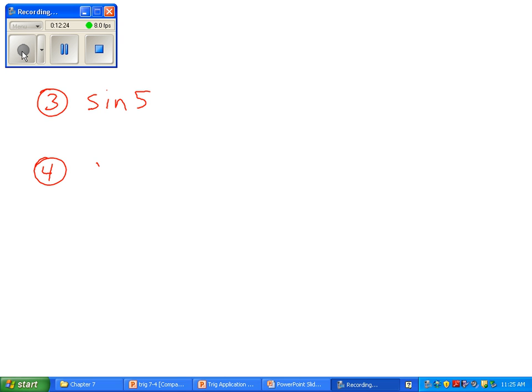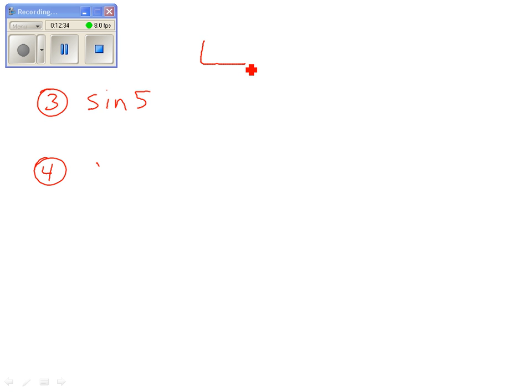And number 3 on that same page, all you're going to do is grab your calculator. For number 3, instead of hitting second like we were doing, now you actually know the angle, so you're just going to hit the sine button, then hit 5. Then again, you can close the parenthesis if you want.